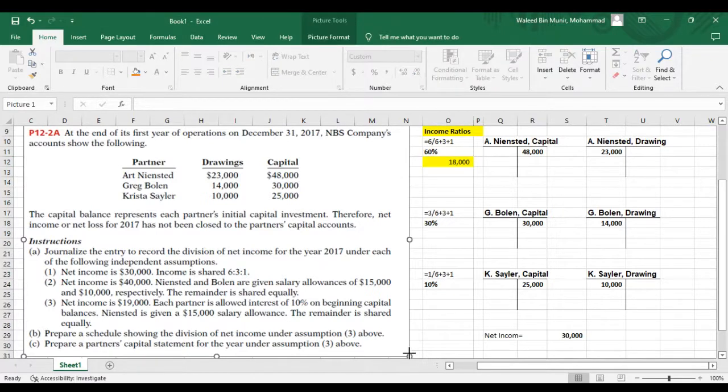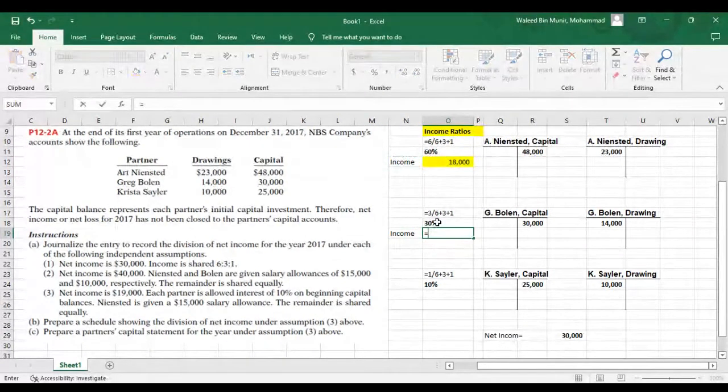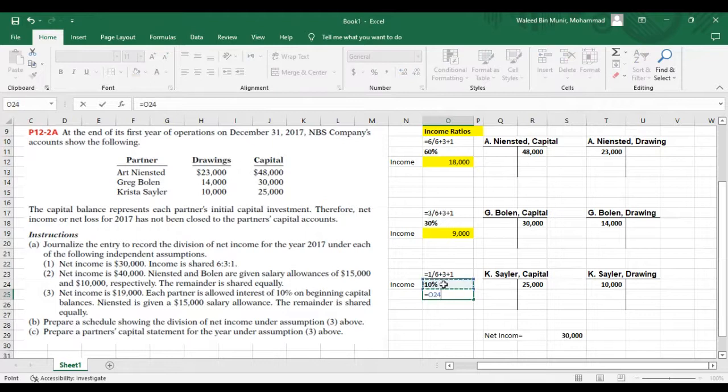Now falling, doctor, 9,000. For the other one, what is the income? 9,000. And the last one 3,000. So his income will be 10% of 3,000.